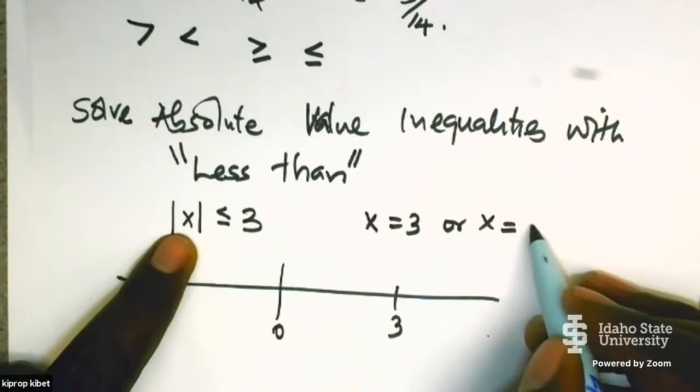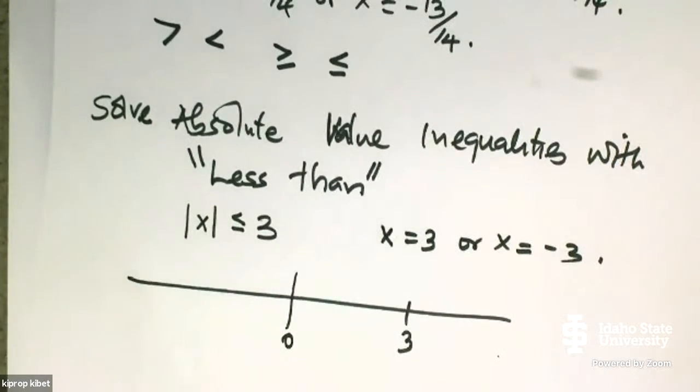But here, the absolute value of x can be 3, or x can be minus 3. If we remember, when we multiply or divide by a negative, what happens to the equals? It reverses, right?